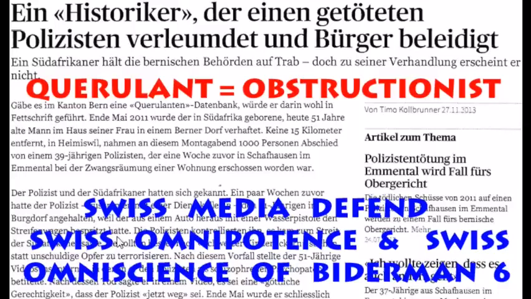They know it all, and they got all the power, which is the Biedermann 6. And if there's someone who says, well, Swissyland was founded by the Knights Templars, they financed the Nazis, then you're not a real historian, you're an obstructionist.